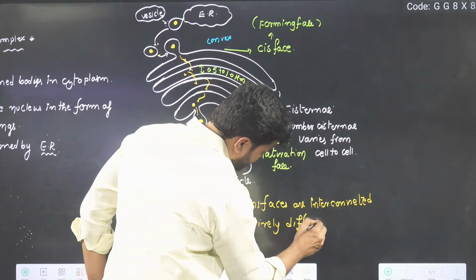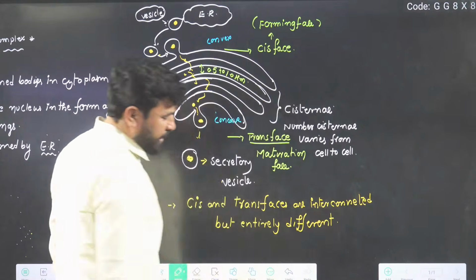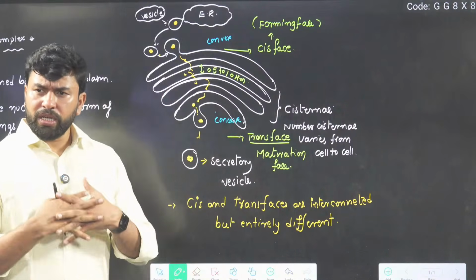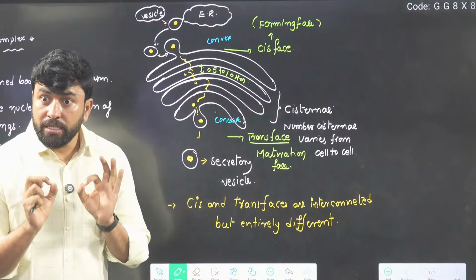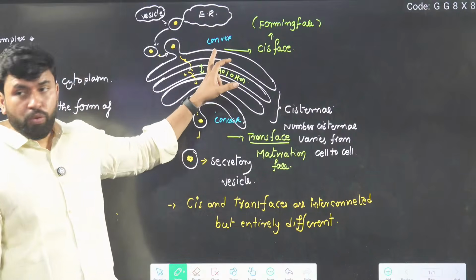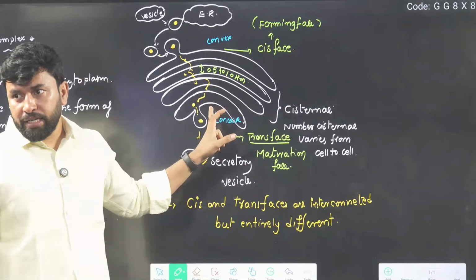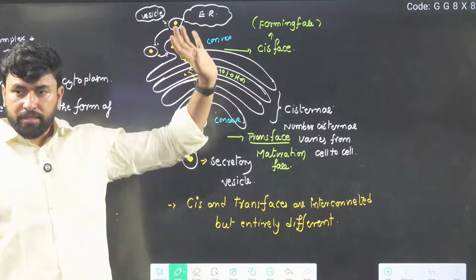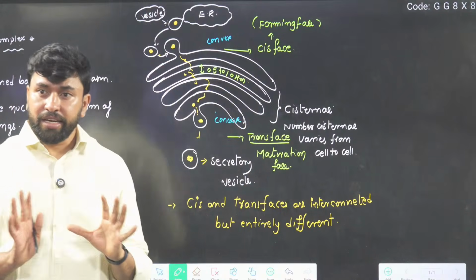This is the interesting thing about them. Cis and trans phases' work is totally different, but they are always interconnected, because one cisternae will get connected to another cisternae. So always cis and trans phases are interconnected.